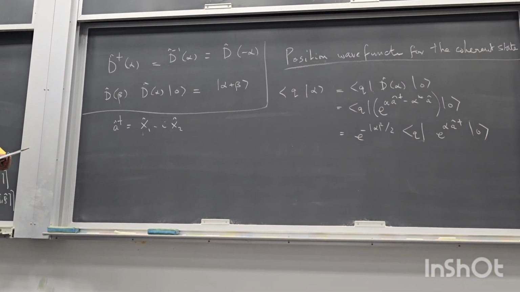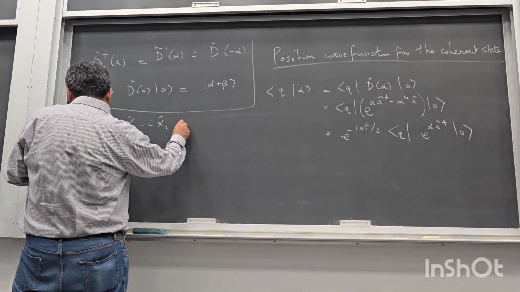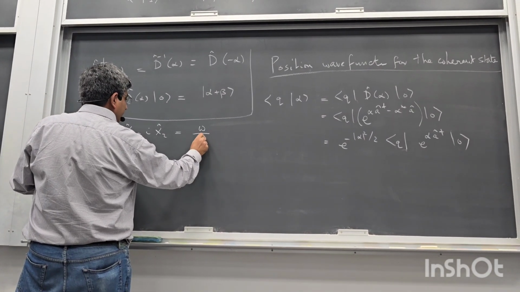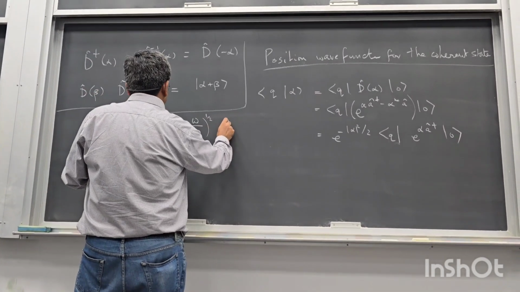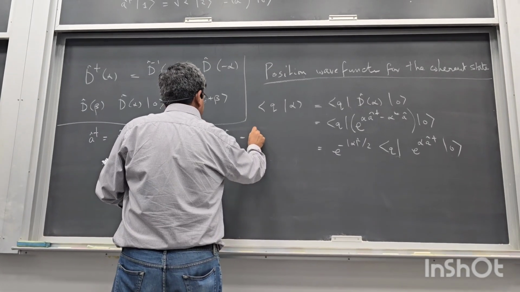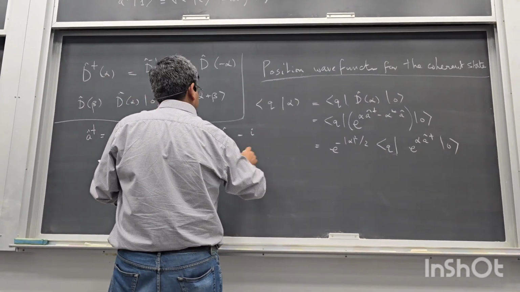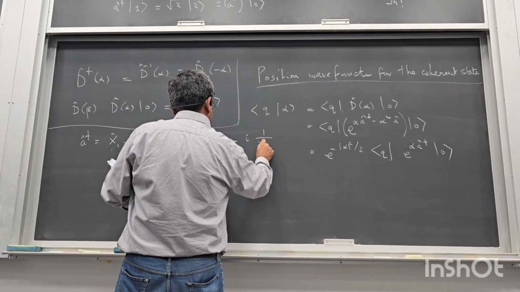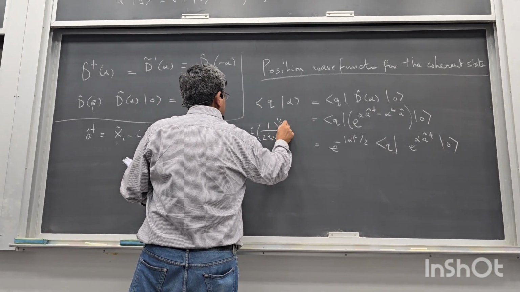And I do know that x1 is (omega over 2 h bar)^(1/2) q, and x2 is (1 over 2 h bar omega)^(1/2) p.